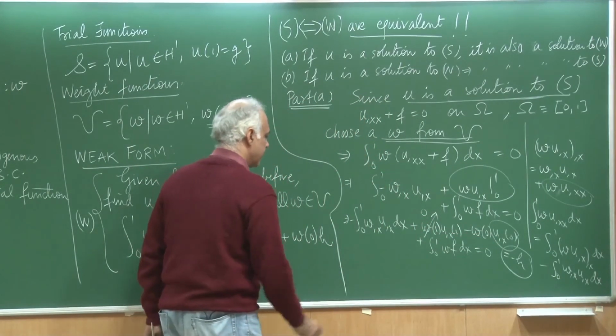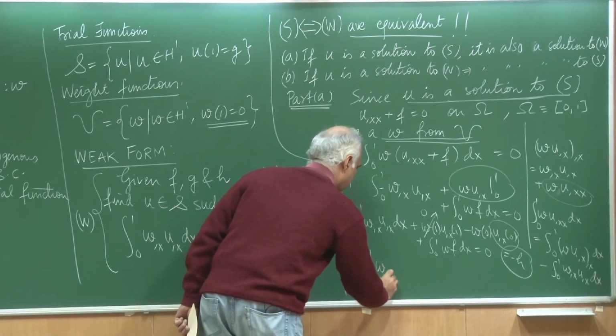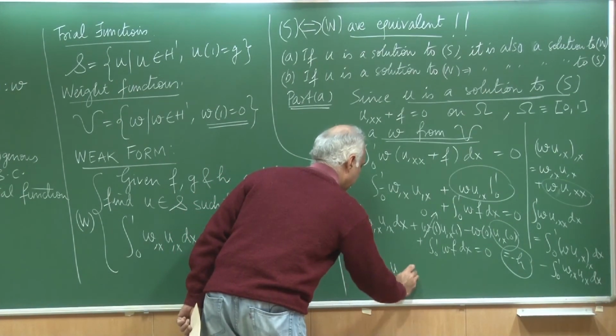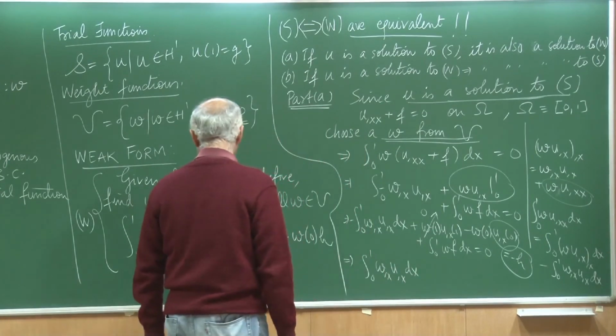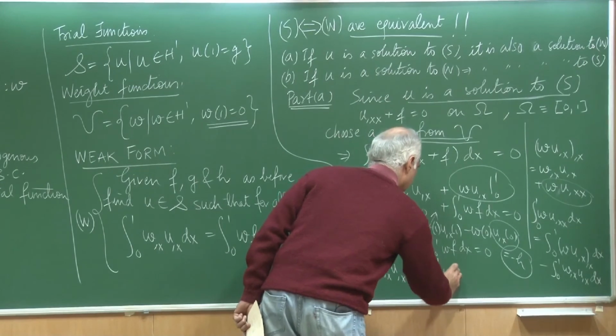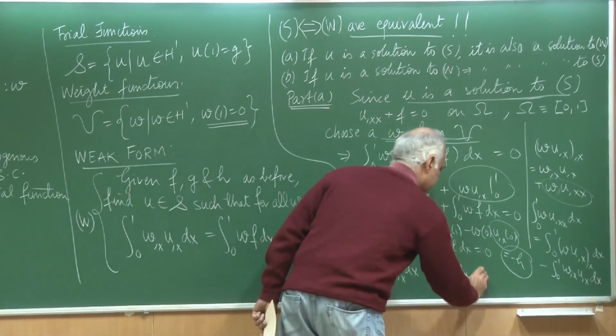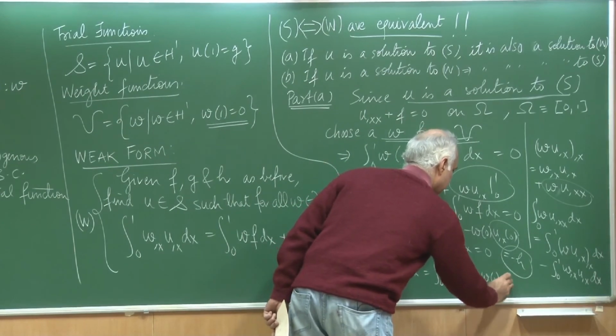Therefore, the integral from 0 to 1 of w comma x u comma x dx is equal to the integral from 0 to 1 of w f dx plus w(0) h.